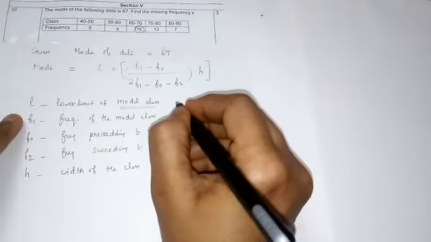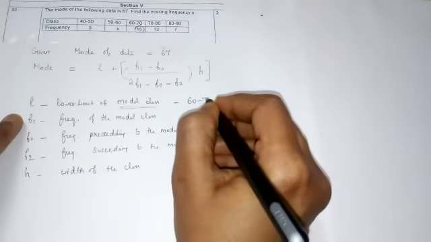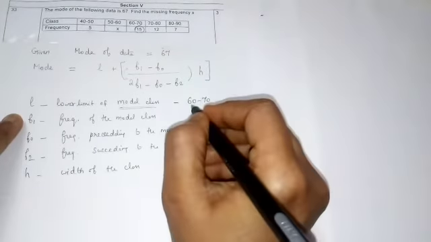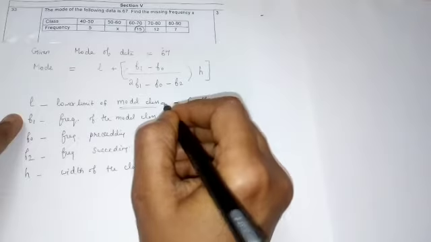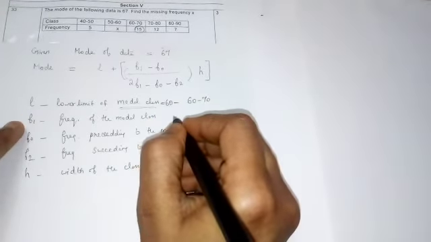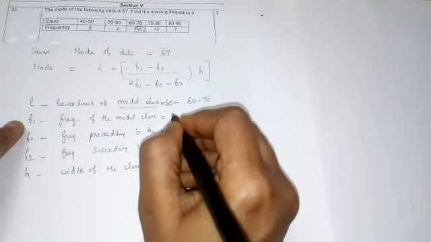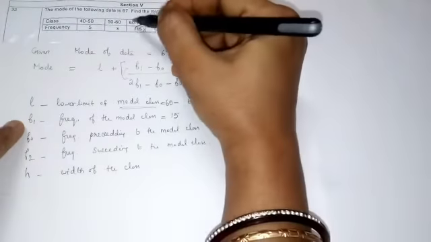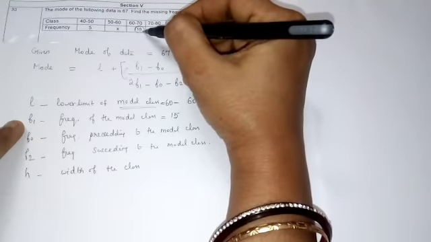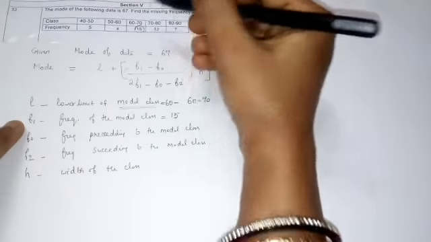So the modal class is 60 to 70. In this, the lower limit is 60, therefore the L value is 60. The frequency corresponding to the modal class is 15, which is F1.